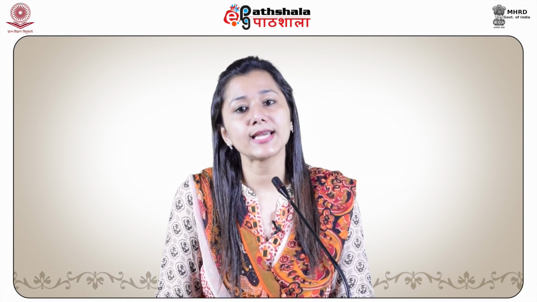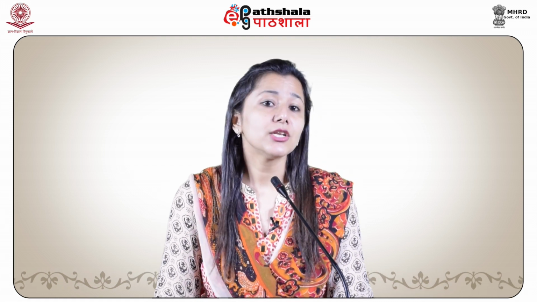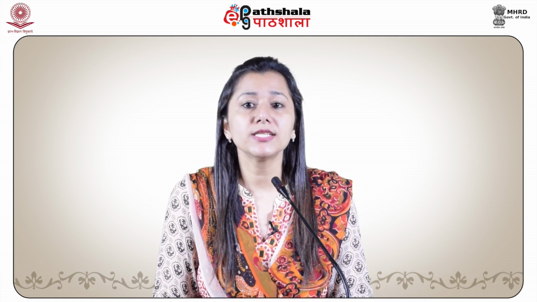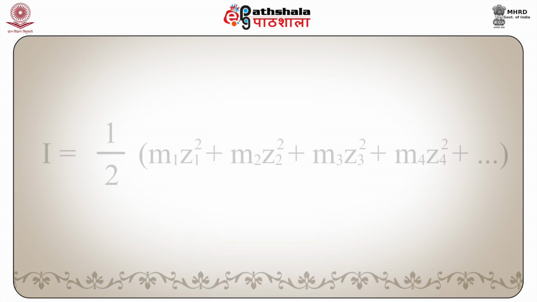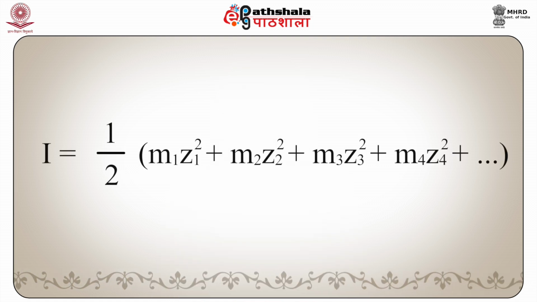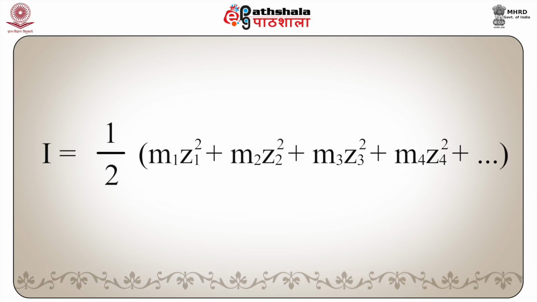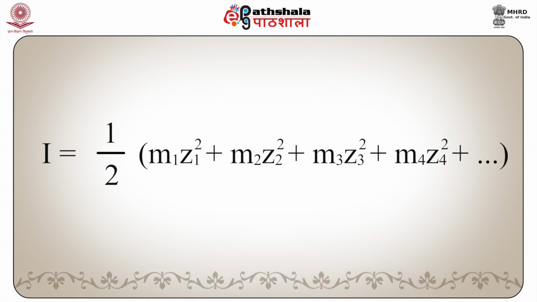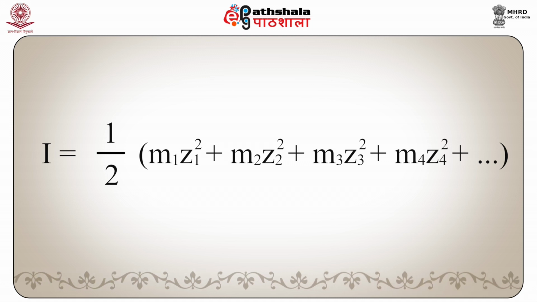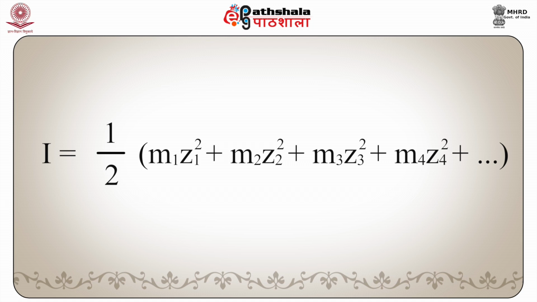The concept of ionic strength is always applicable to strong electrolytes, for example salts, and it cannot be applied to weak electrolytes. If we consider a solution which has more than one type of ions, then ionic strength can be written as I equals half into brackets M1 Z1 square plus M2 Z2 square plus M3 Z3 square plus M4 Z4 square, and so on.